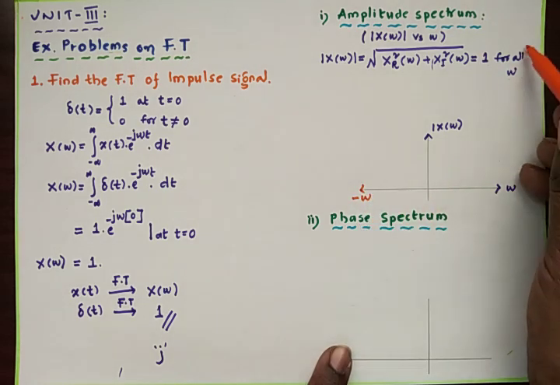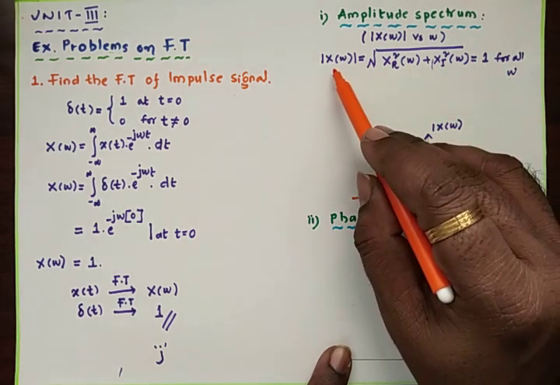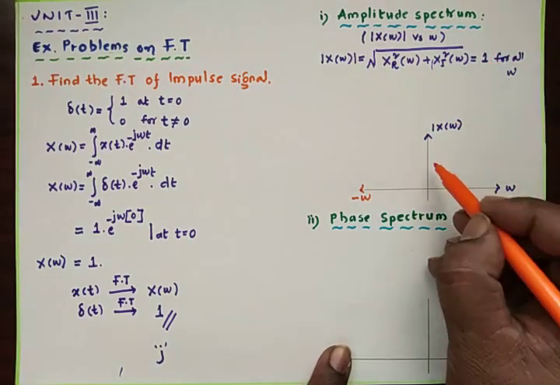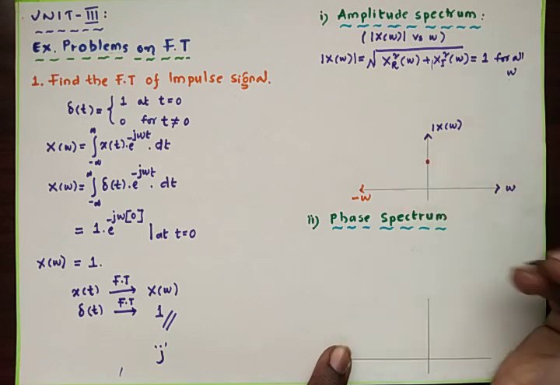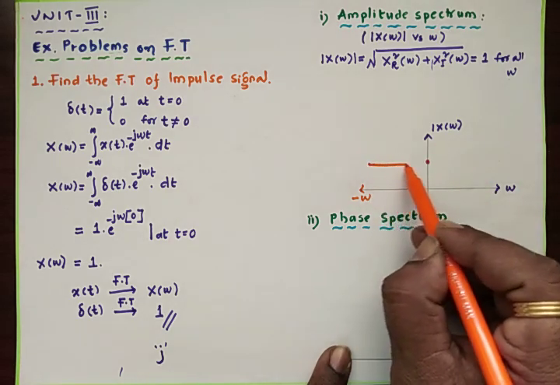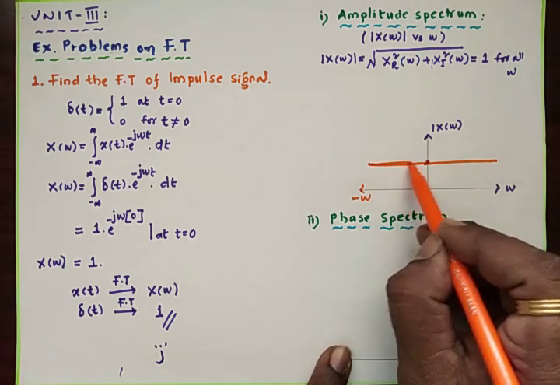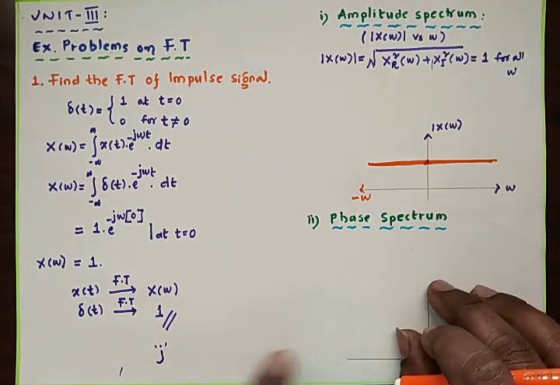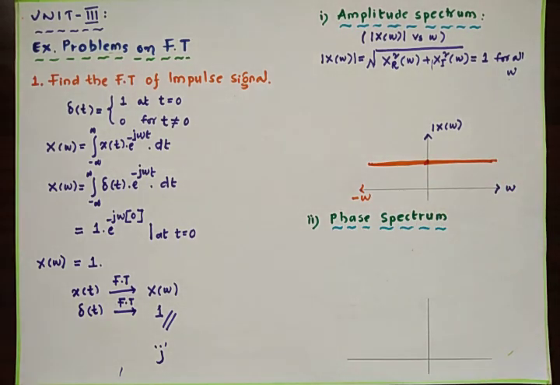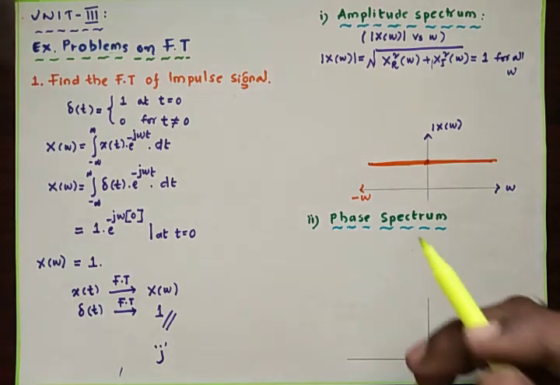For all the values of omega, the magnitude is 1 only, so we have a signal whose amplitude is 1 for all omega.